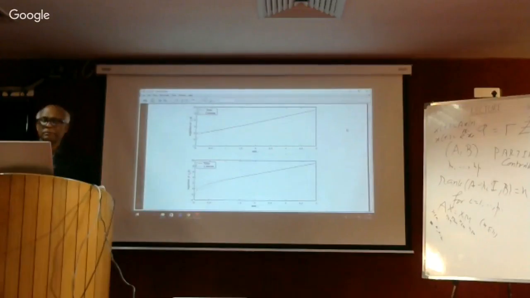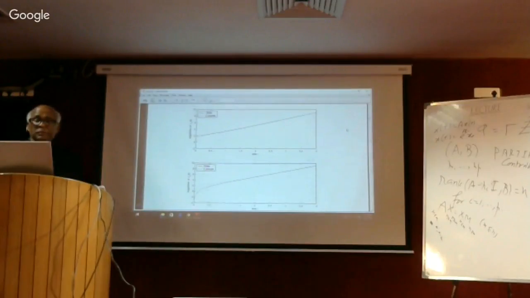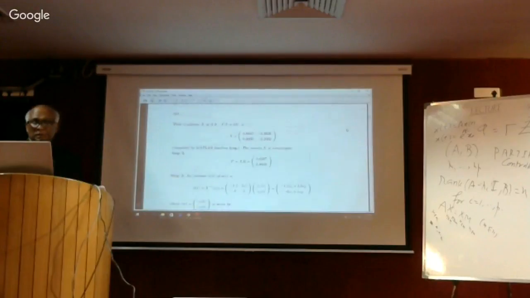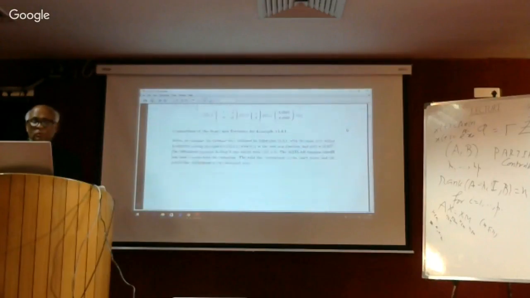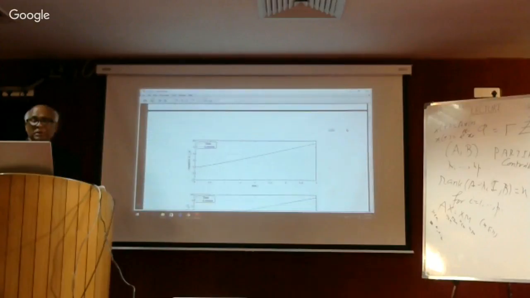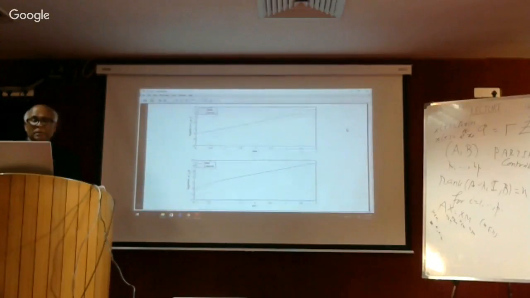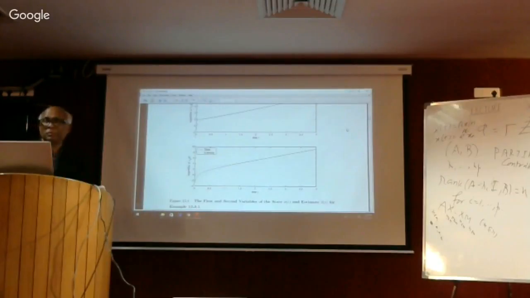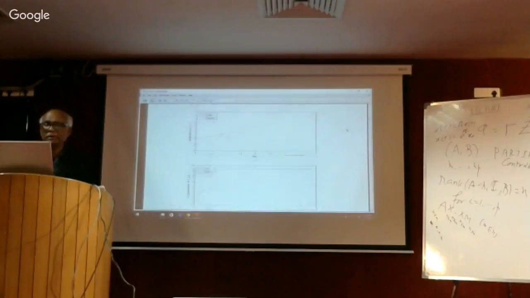And you can see that from the small example that I showed you here. We estimate the state by using the Sylvester observer algorithm, by solving the Sylvester observer equation. And you can see, this is the first variable, this is the second variable, this is the third.